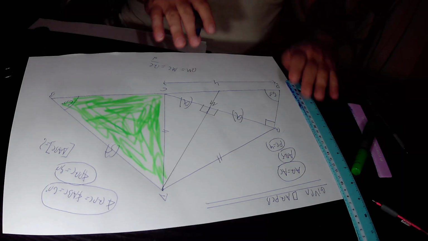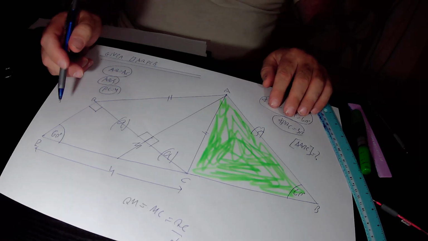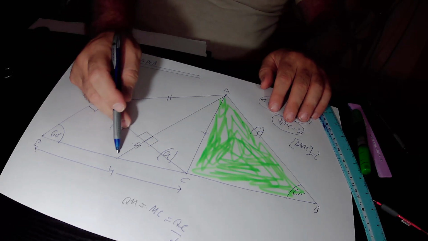And we define the touching point of the extended perpendicular AM with side PC. This point is point N.